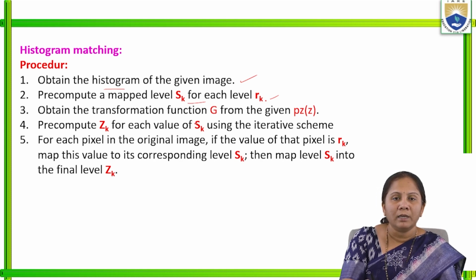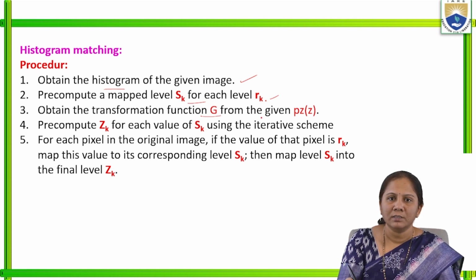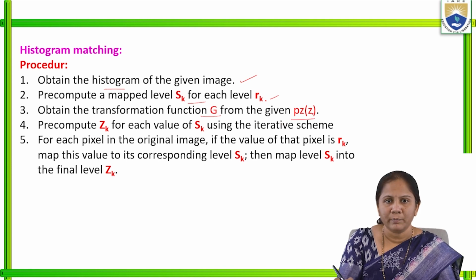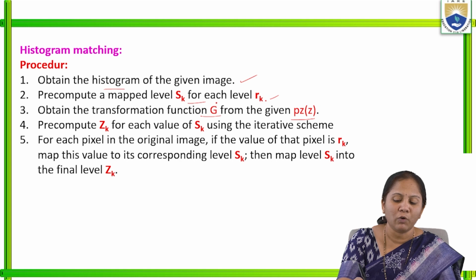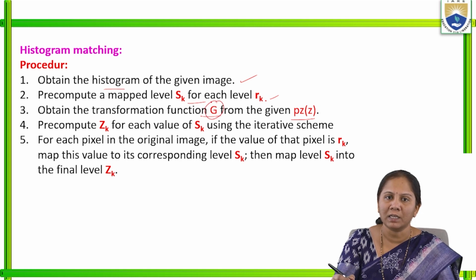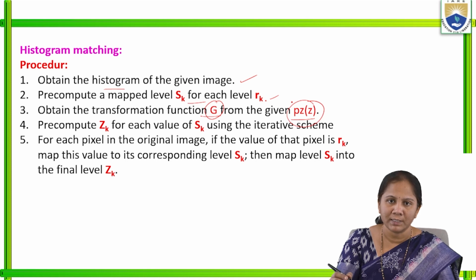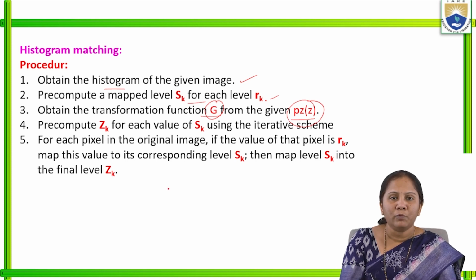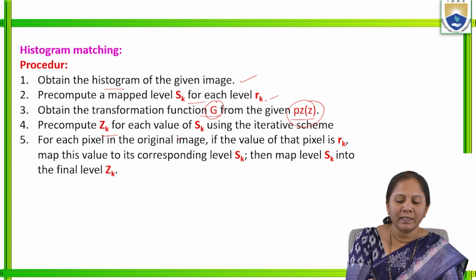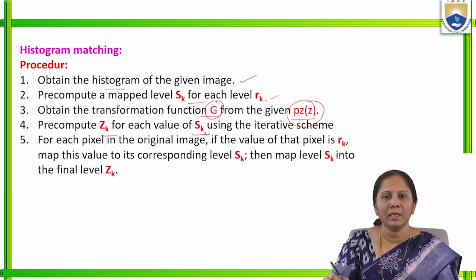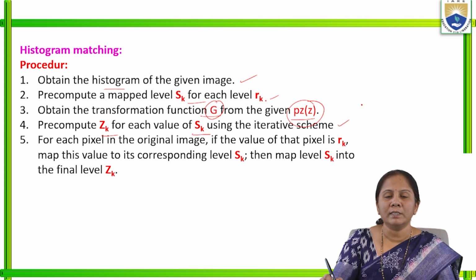The third step is to obtain the transformation function G from the given Pz of Z. There is one formula for calculating the transfer function G. Applying that formula, we calculate the transfer function for all the values of Pz of Z. The fourth step is to pre-compute Zk for each value of Sk using an iterative scheme.